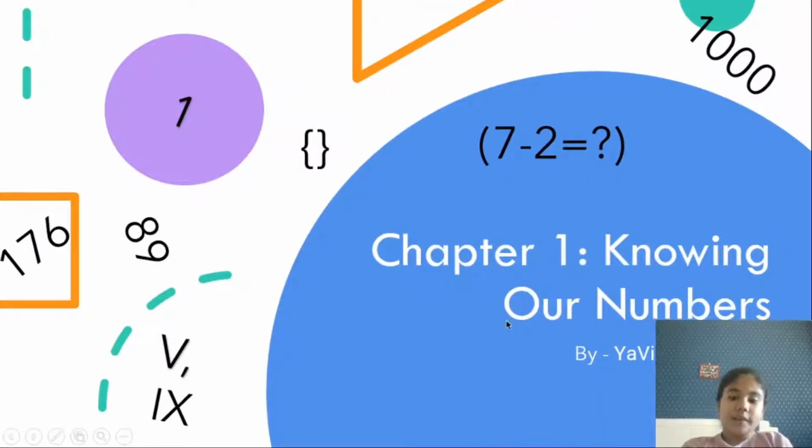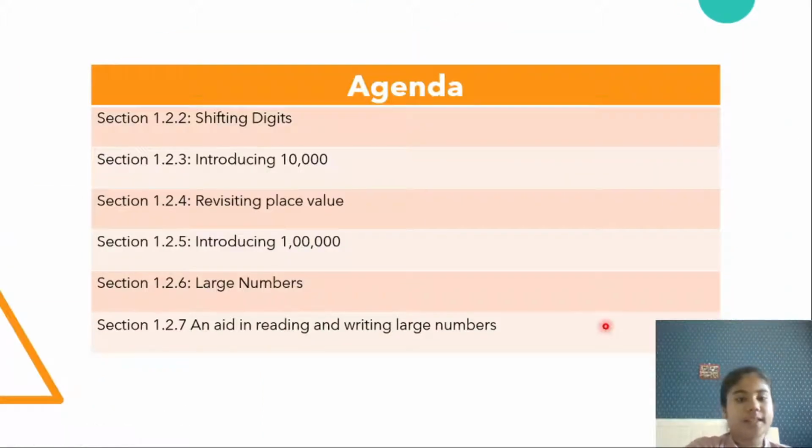So let's start! Friends, today we are going to continue our Knowing Our Numbers series, and our today's agenda will be to complete Section 1.2.2 Shifting Digits, Section 1.2.3 Introducing 10,000, Section 1.2.4 Revisiting Place Values, Section 1.2.5 Introducing 1 lakh, Section 1.2.6 Large Numbers, and Section 1.2.7 Aid in Reading and Writing Large Numbers.